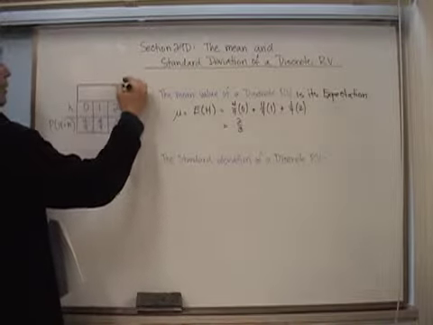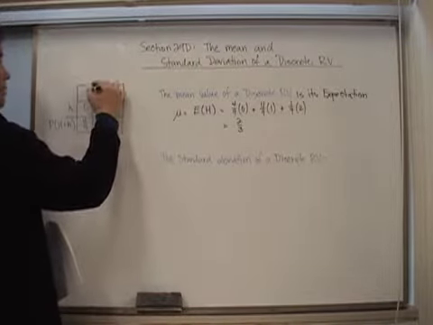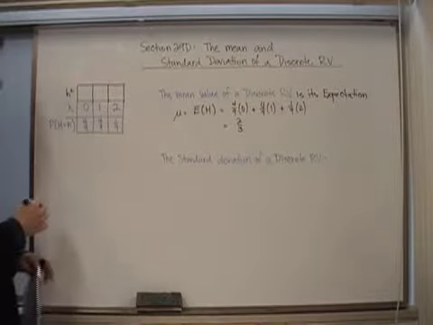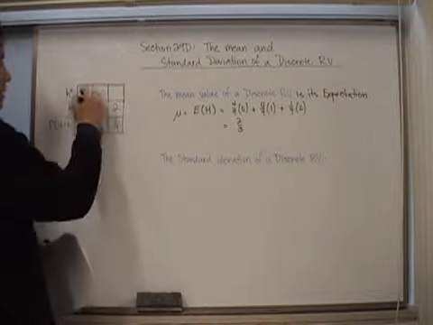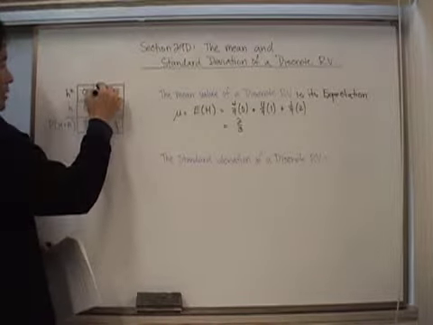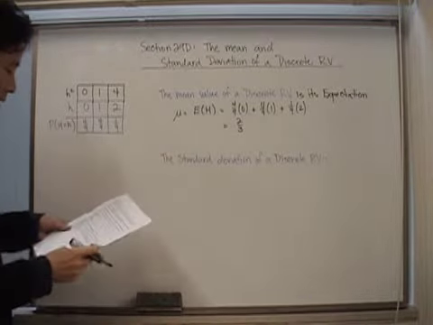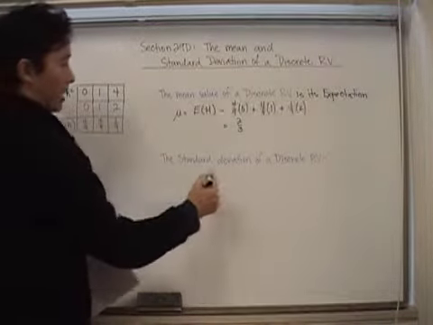If we have our 2 coins and our probability distribution table, we also need to find out what h squared is. So if I take h squared, 0 squared is just 0, 1 squared is 1, and 2 squared is 4. And this is how you calculate it.